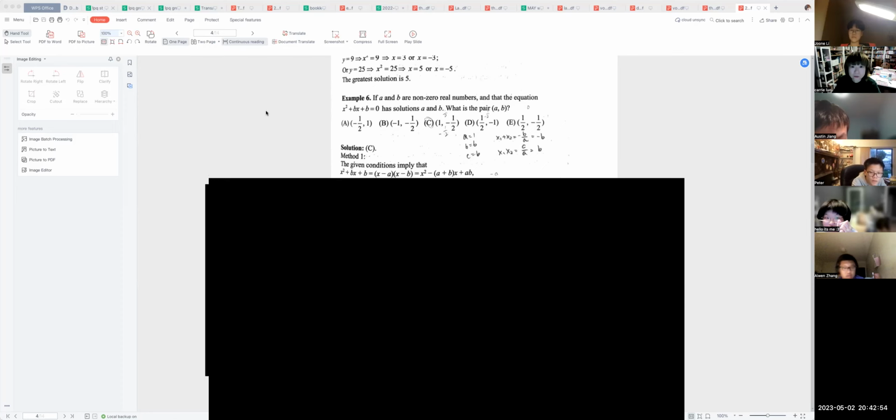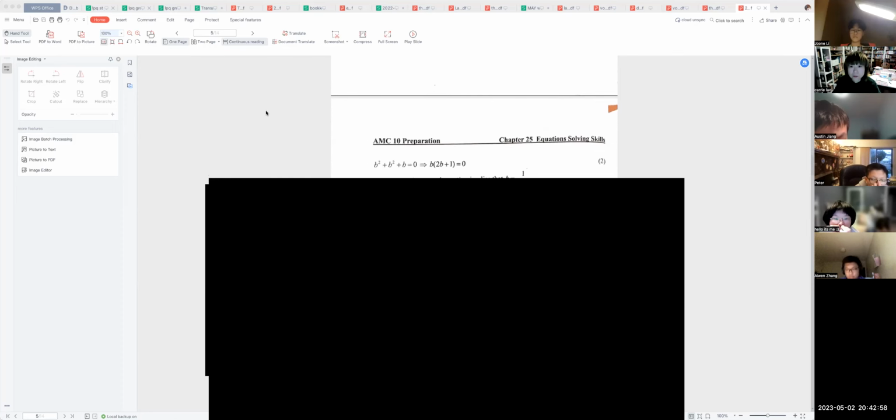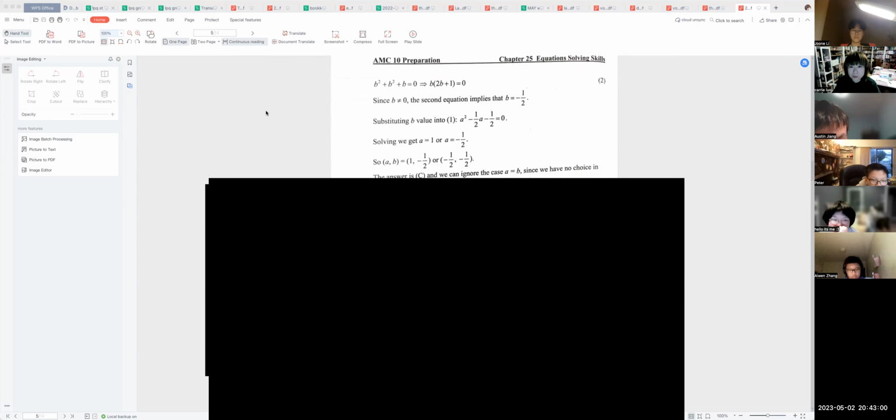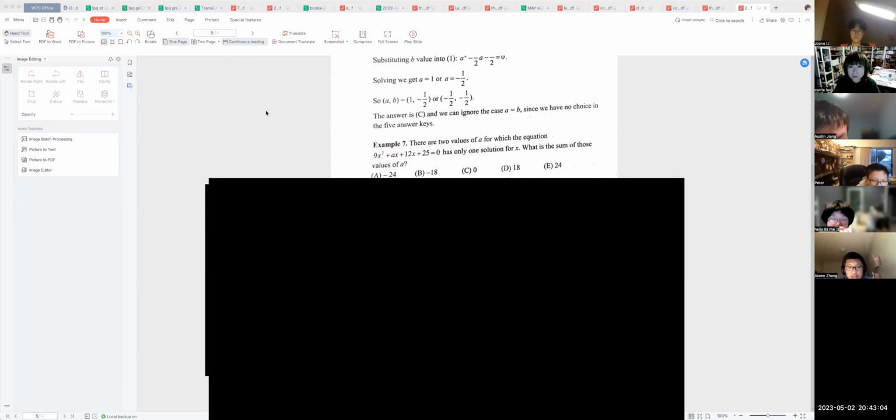Okay, example 7. There are two values for a for which the equation 9x squared plus ax plus 12x plus 25 equals 0 has only one solution for x. What is the sum of those values of a?